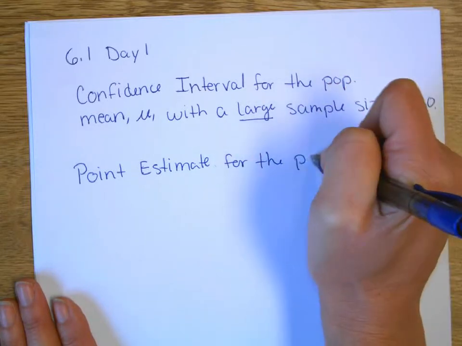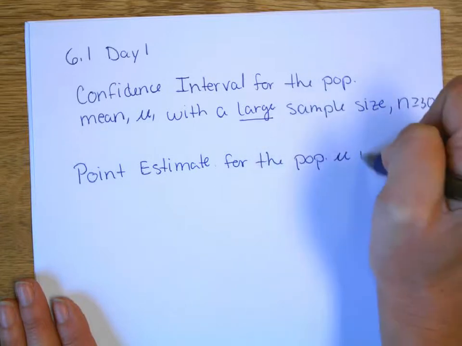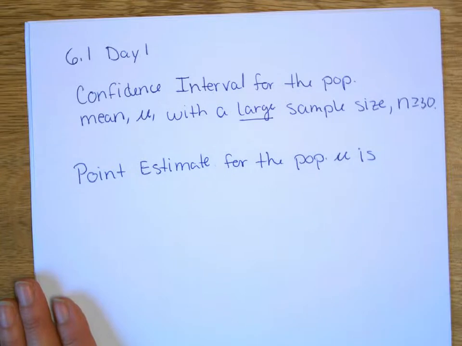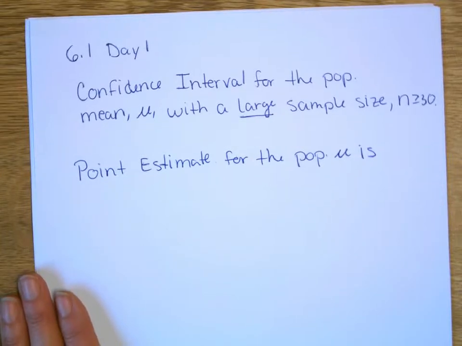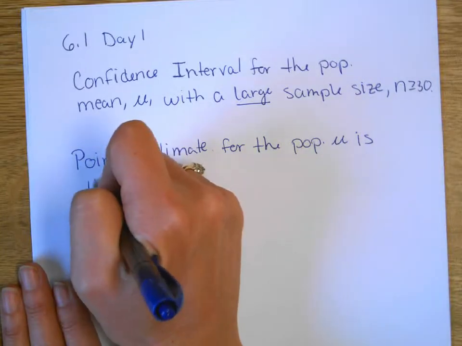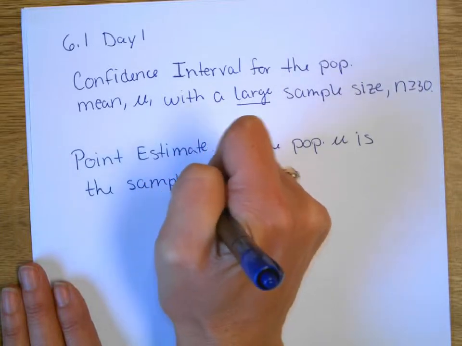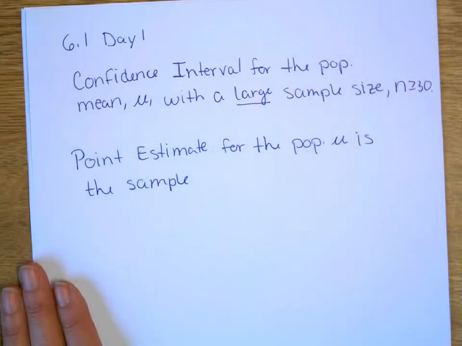The point estimate for the population mean is, what would I use to estimate the population mean? Do you think? Well, standard deviation is not a good estimate for a mean. Median?